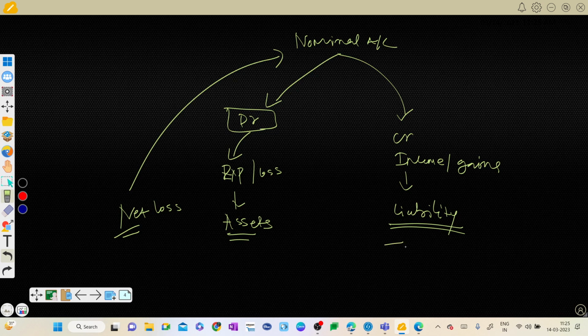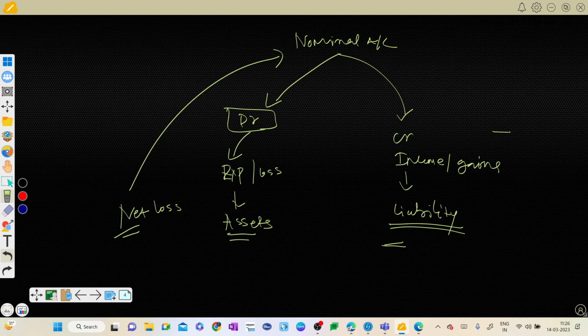Or else you can just offset it against the shareholders value, so you can debit that or deduct that from the shareholders value. Whether you do it this way or adjust it with the shareholders equity, there won't be any impact as such.